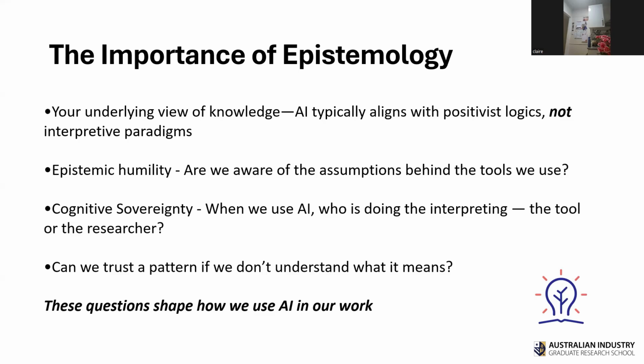So the question is, who is doing the thinking? We're asking ourselves how we're actually using AI. Are we doing the thinking? Is the AI doing the thinking? And we're also asking, where is the responsibility?